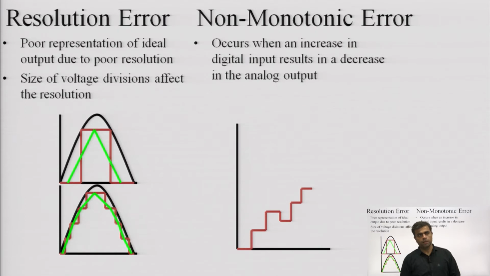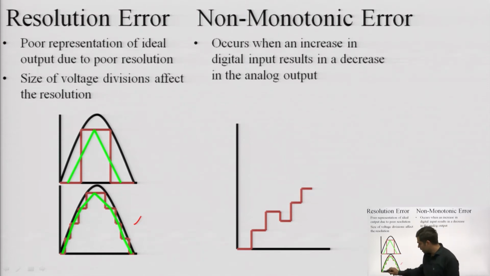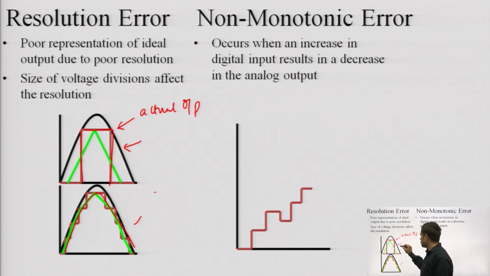Now resolution error. So if we are having higher resolution, that means more number of bits, then we will be getting the output which is as close as possible to the actual value. But if the resolution is poor, that means we are using lesser number of bits, then this is what we are getting, actual output, and this was what we should have been getting, desired output.